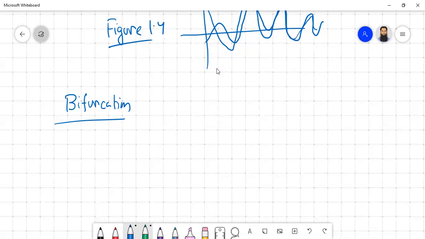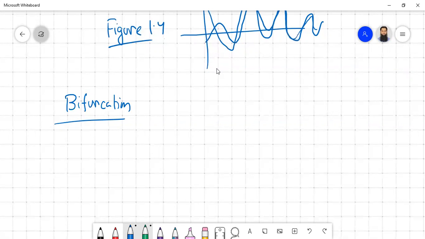What you can gather from this definition is, if the system parameter is changing, then the stability of the equilibrium point can also change. The number of equilibrium points can also change. So if something like this is happening, then we call this phenomenon a bifurcation. And the value for which this is happening is called the bifurcation value.